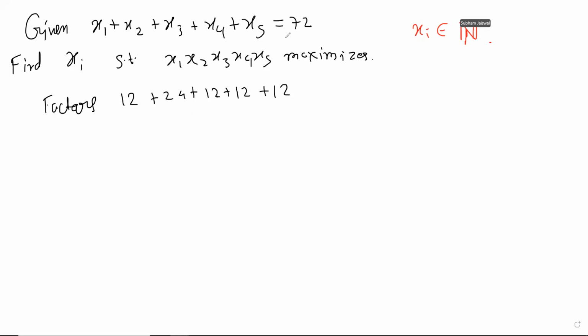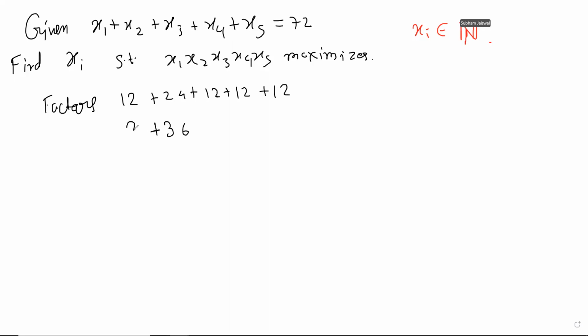Is this 72? Yes, this is 72. So it's making sense. If you break up 72, if you subtract 36, and divide the rest of the numbers into four parts, the answer reduces.